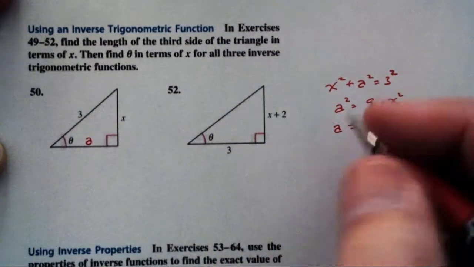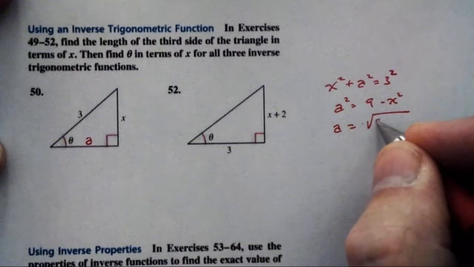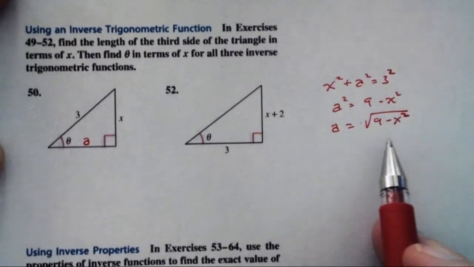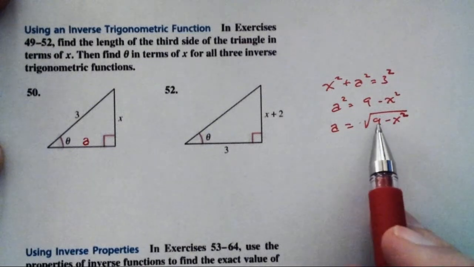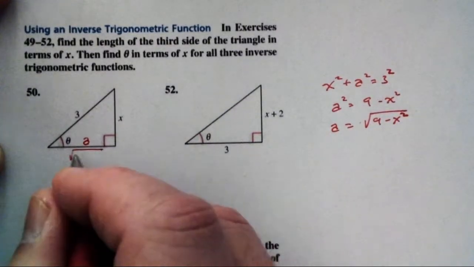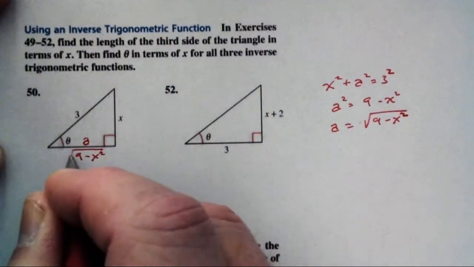We need a to be positive, so it's just positive square root 9 minus x squared. Don't get trapped into thinking we can just make that 3 minus x. 3 minus x times 3 minus x does not equal 9 minus x squared. So this is ugly, square root 9 minus x squared, but that's what it is.